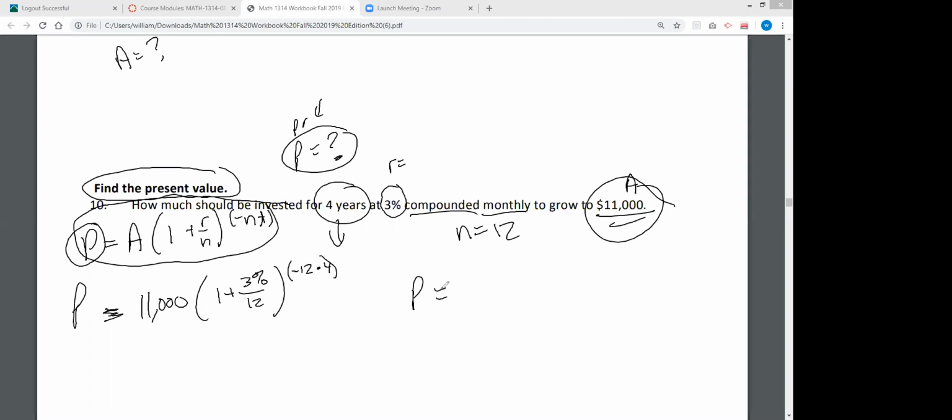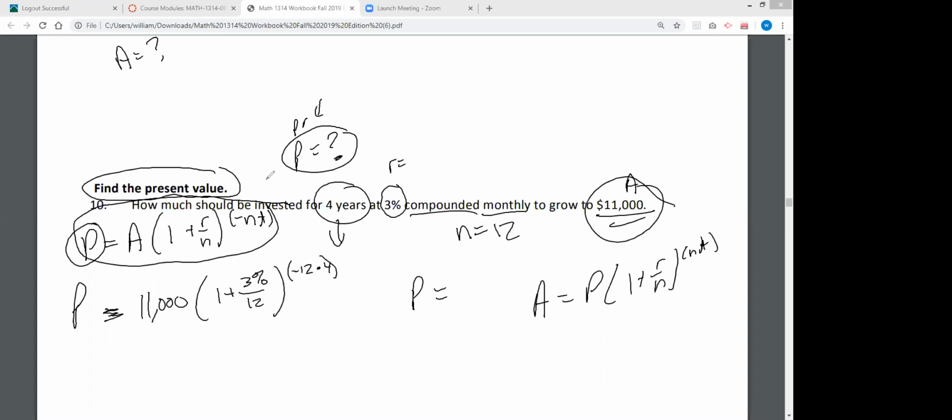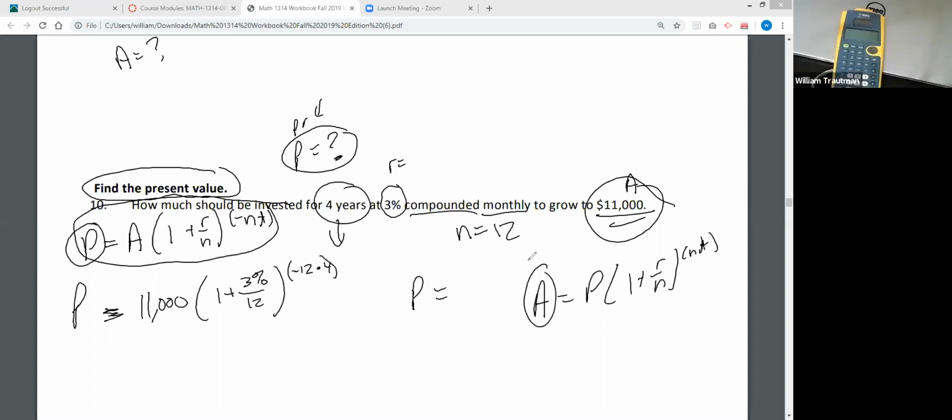Mr. Troutman, on the previous question, did we put a negative in? No, look at the previous formula on your formula sheet. The previous formula was A equals P times 1 plus r over n, to the power n times t. There's no negative in that. That one is finding the future value.